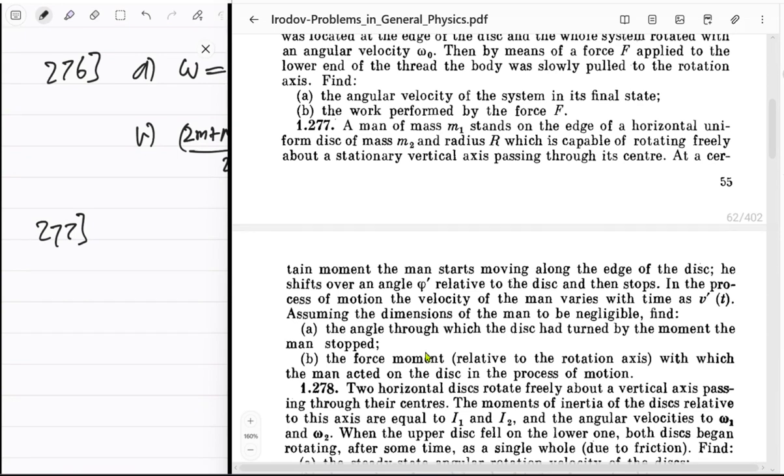So yeah, I get you want to do angular momentum conservation, but here it is a bit different. All they've given us is what angle phi dash is. Okay.